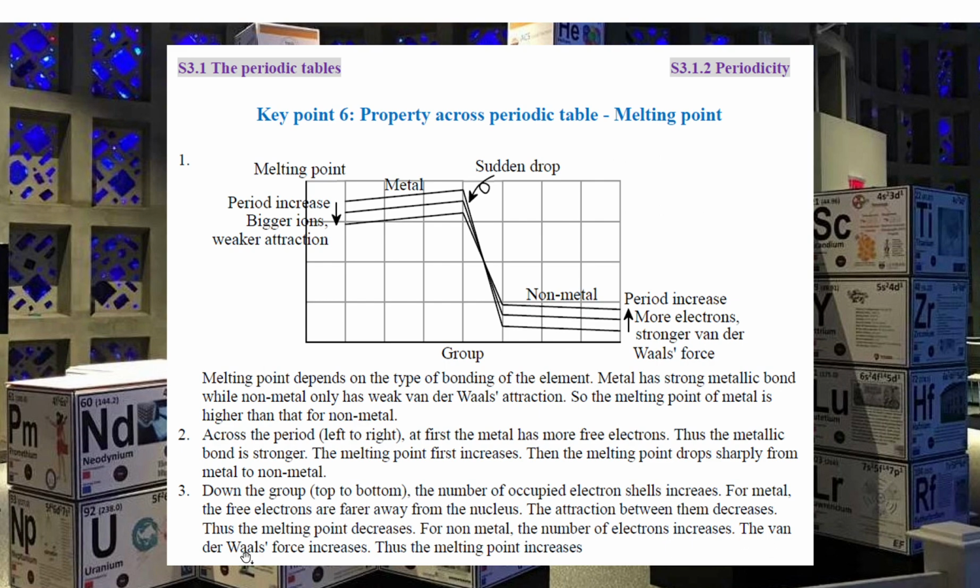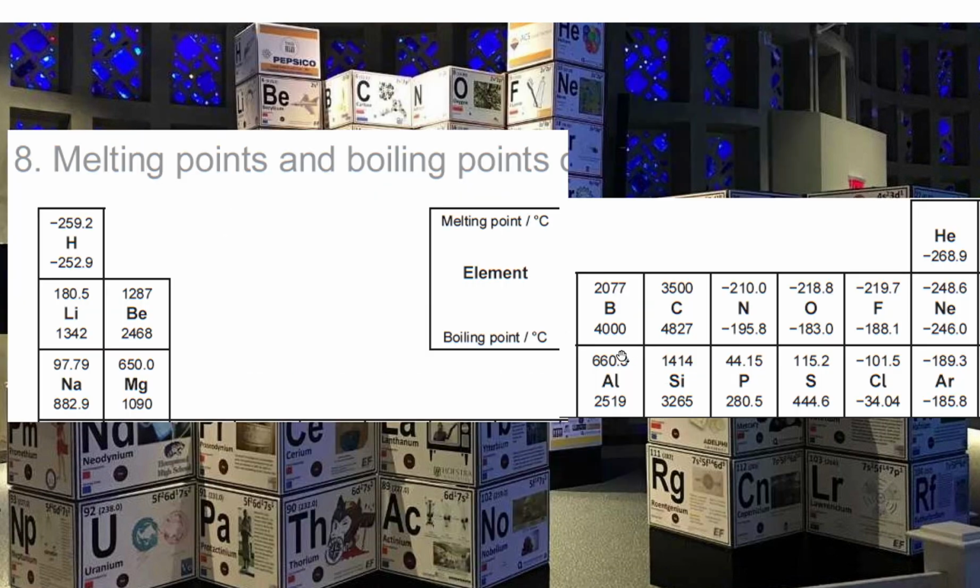So the force increases, so the melting point increases. So down decreases for metal, down increases for non-metal. There is a crossover there, with different properties at the two ends. Be careful. You can see the trend going down, down, down, with a big sharp drop.